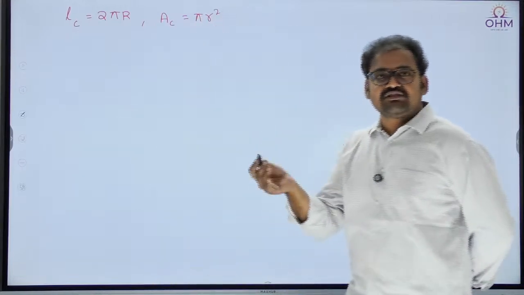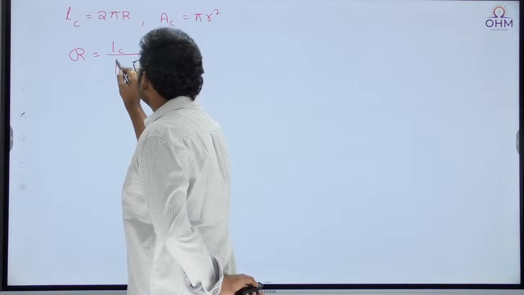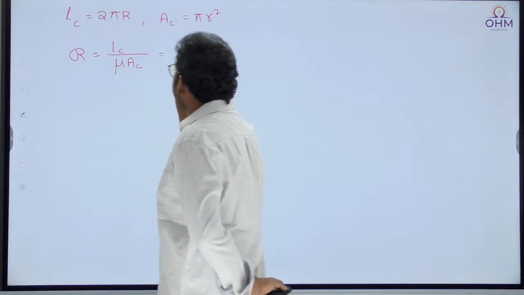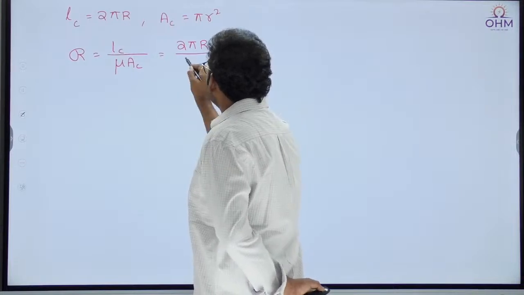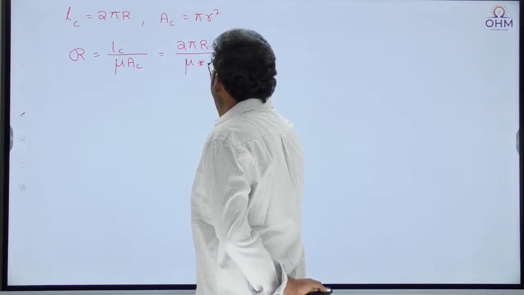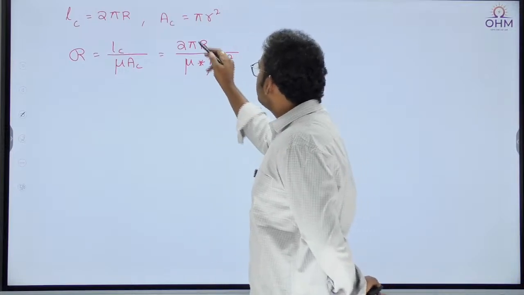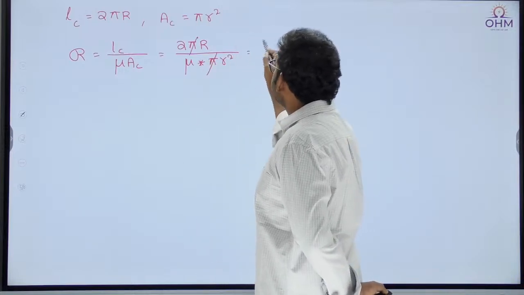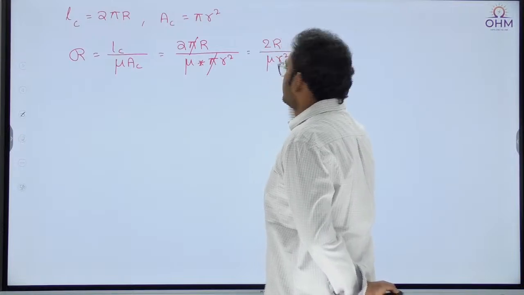Now you have a length and area so that we can find out reluctance. So the reluctance is equal to length of the core by mu into cross-sectional area. Length is 2 pi into capital R by mu into pi r square. I think pi will cancel in numerator and denominator. So the reluctance is 2 into capital R by mu into r square.